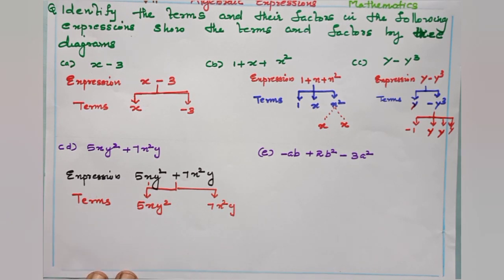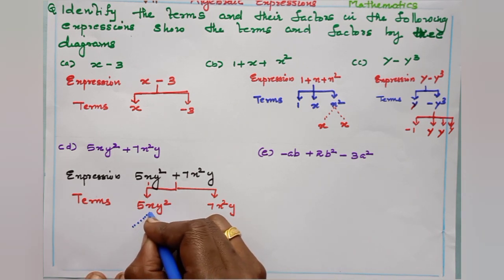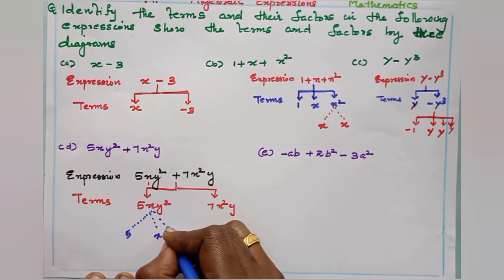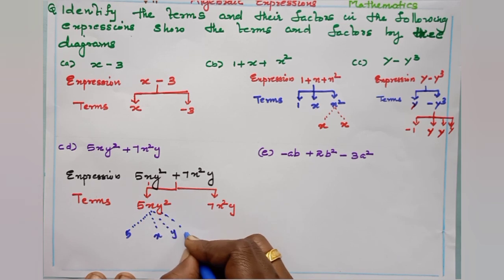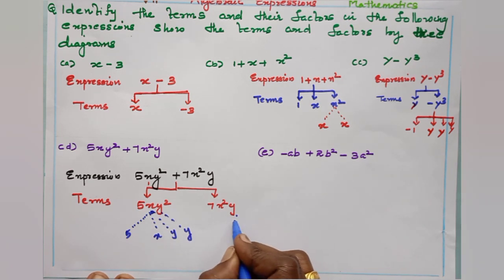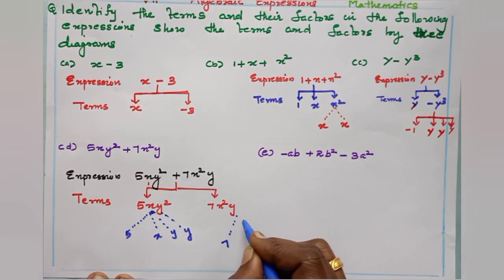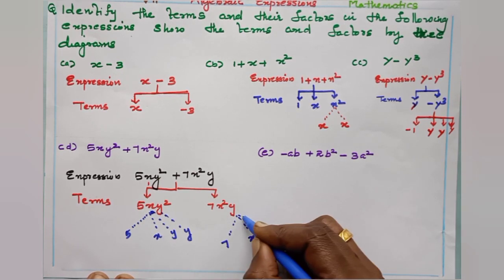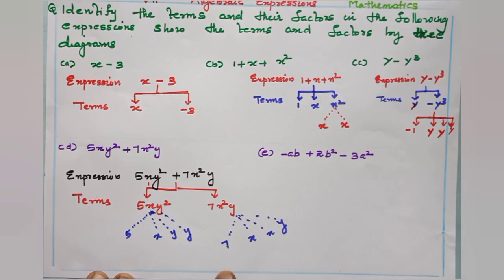Then we can split the factors or the tree. 5xy square is 5 into x into y into y. Then 7x square y we can write as 7 into x into x into y.